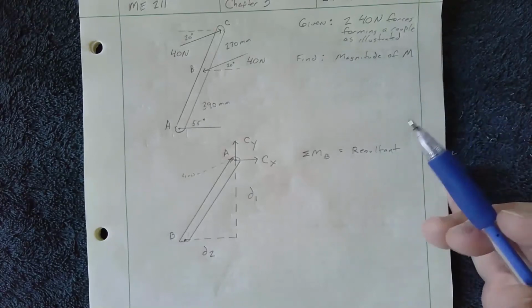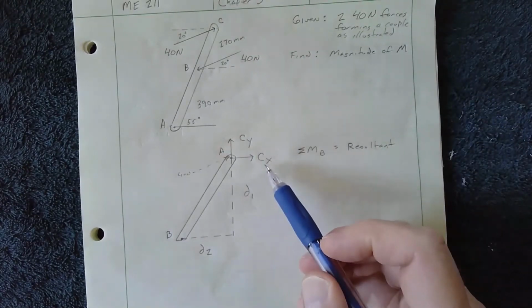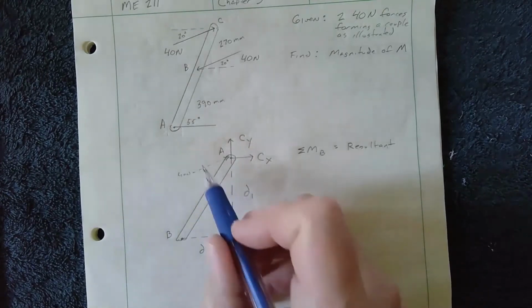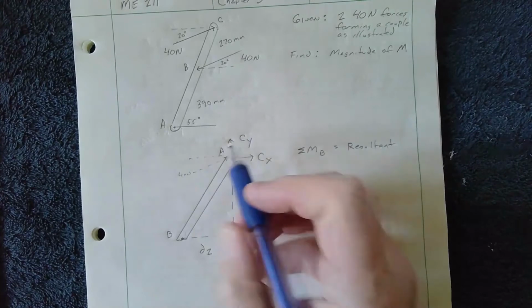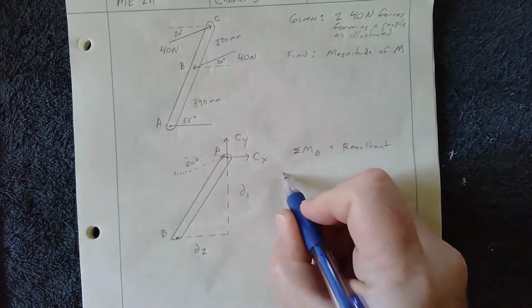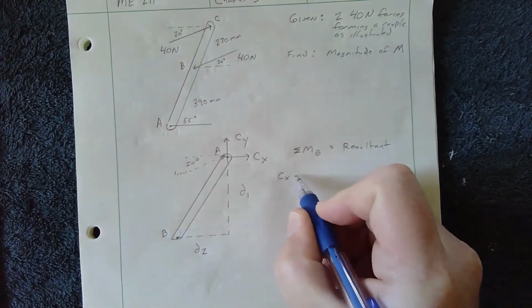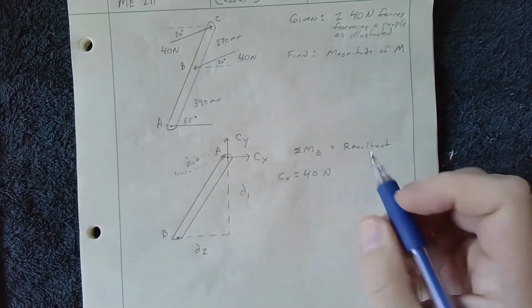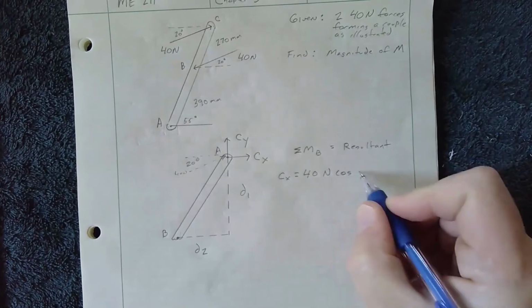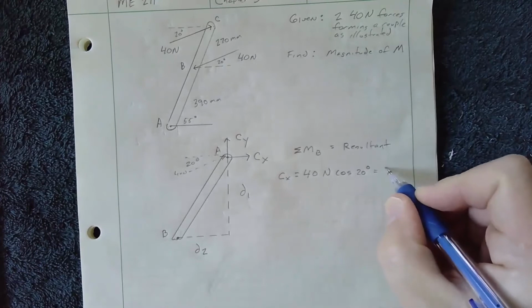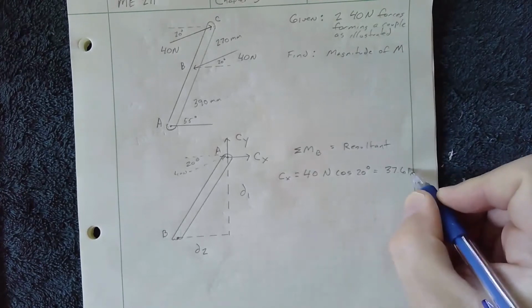Well, first off, let's look at our forces. We know that we have 40 newtons coming up here, and this angle drawn is 20 degrees. So I'm going to write this out: Cx equals 40 newtons times cosine 20 degrees, and that's going to give me a value of 37.6 newtons.